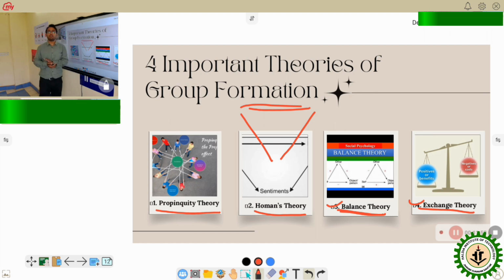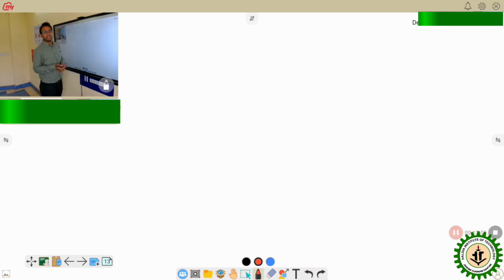So except formal and informal groups, there are other types of groups also. First is primary group.